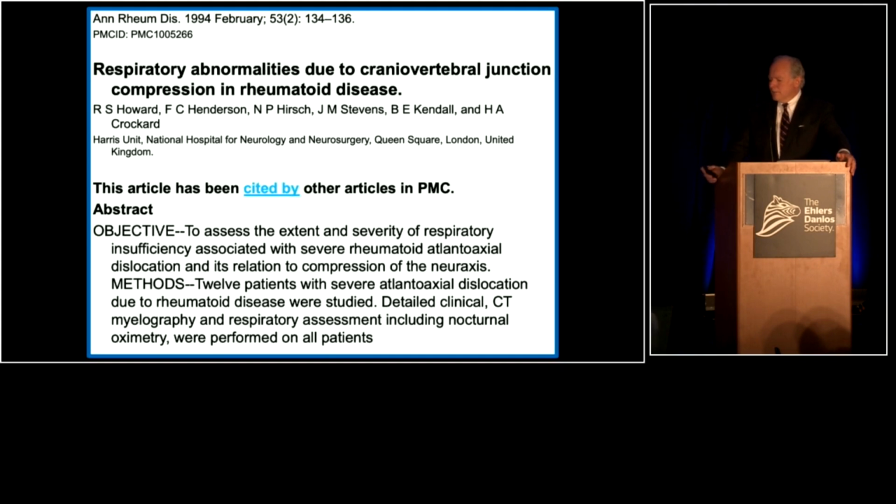So we published also a series of 12 patients who had severe atlanto-axial dislocation, and they all had sleep apnea. And when we decompressed the brainstem and spinal cord, the sleep apnea went away.